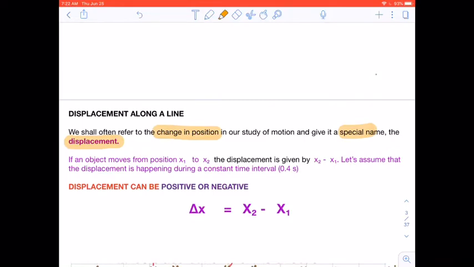If an object moves from position x1 to position x2, the displacement is given by x2 minus x1, from where it was to where it eventually finds itself. So the displacement would be the final minus the initial position. Let's assume that the displacement is happening during an interval of 0.4 seconds.